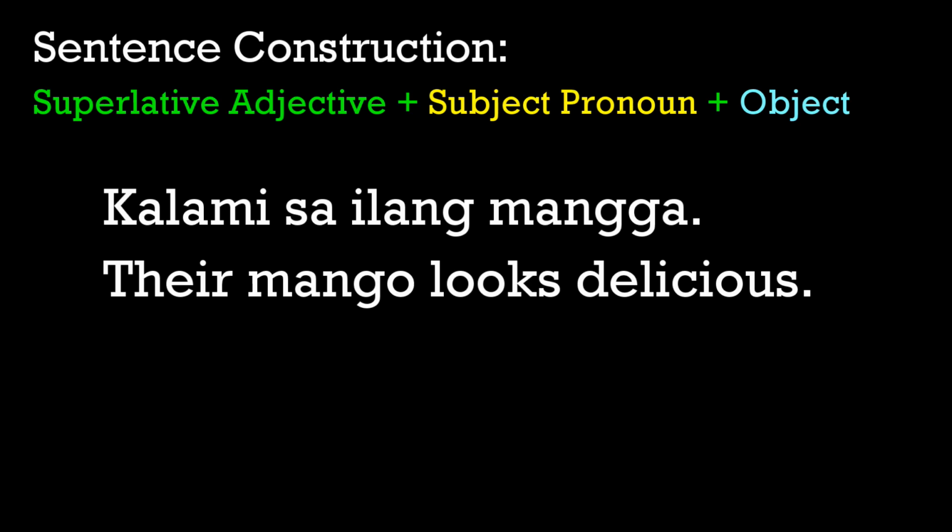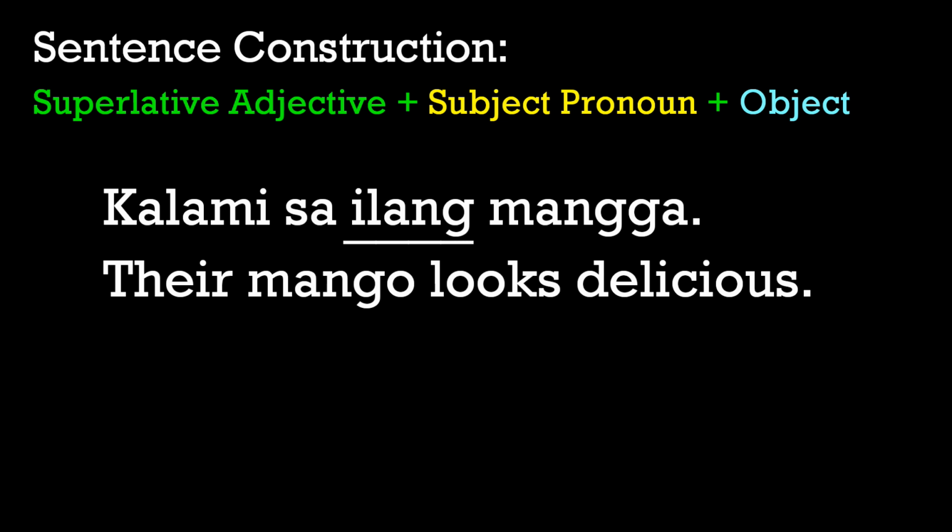Okay, and then followed by our subject pronoun. So what is our subject pronoun here? Okay, that's no other than ilang. So ila means their. Okay, and then there is a nga linker here right after ila. So we say ilang to connect mango to the subject pronoun.